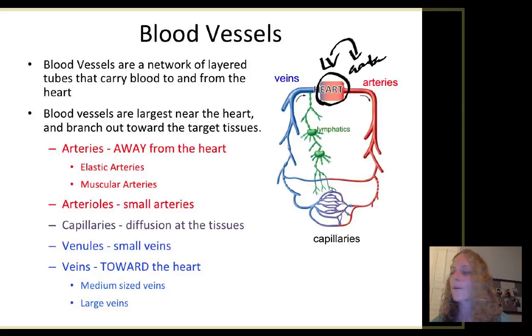And starting with the aorta as the largest of the arteries, the blood will move away from the heart. And those arteries will then branch into elastic and muscular arteries, and then arterioles, which are small arteries. As they get closer to their target cells, they will become microscopic capillary beds, where diffusion at the tissues will take place.